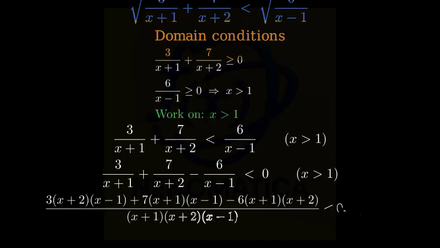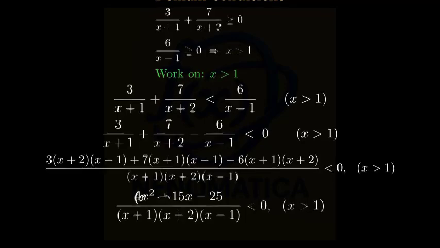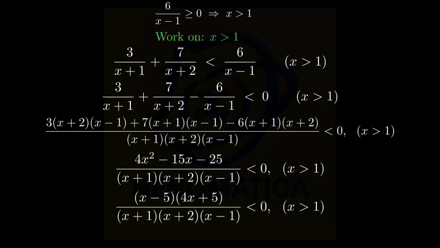Expanding the numerator: 3 times x plus 2 times x minus 1, plus 7 times x plus 1 times x minus 1, minus 6 times x plus 1 times x plus 2. Collecting like terms gives 4x squared minus 15x minus 25. The numerator factors nicely. 4x squared minus 15x minus 25 equals x minus 5 times 4x plus 5.